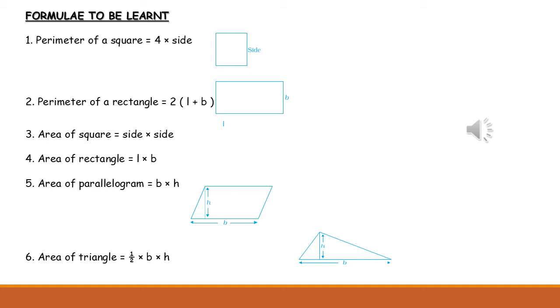It's a quadrilateral where all four sides are equal, and perimeter means length of boundary. That means we are actually adding side plus side plus side plus side. So 4 times when we are adding the side, we are getting 4 into side. That is the formula.